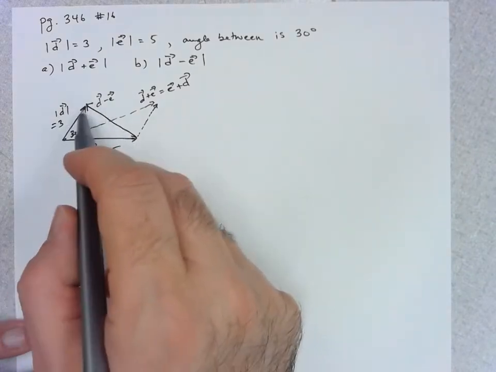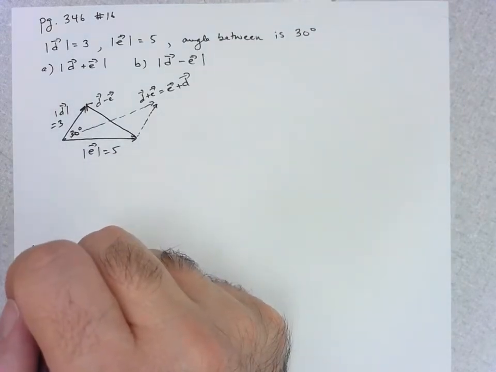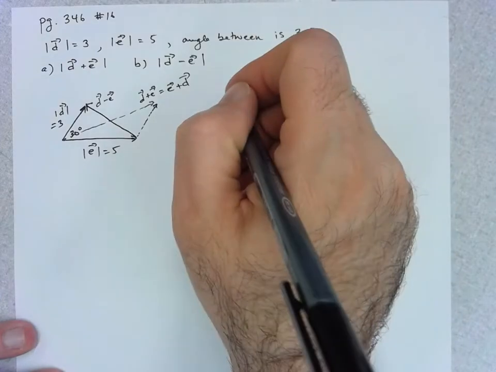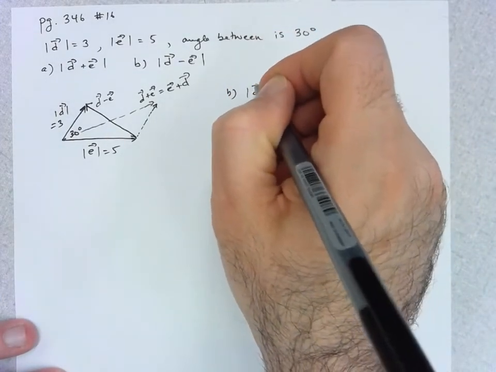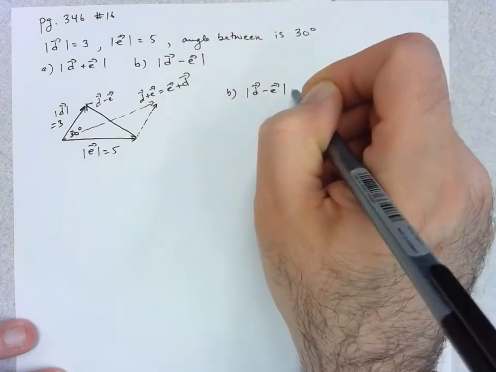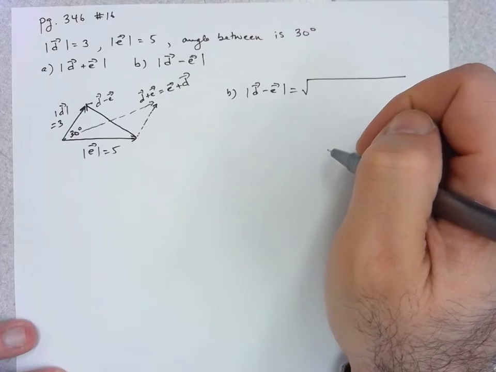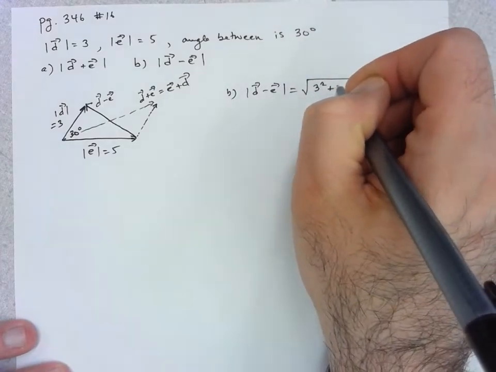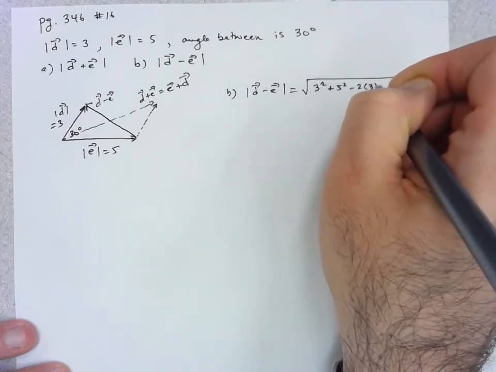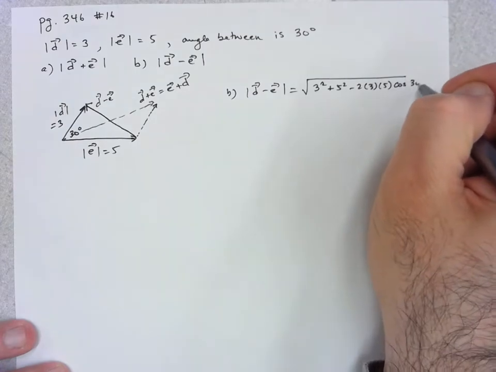I might as well do that because I've already got this triangle with the angle inside of it, and so we'll just use cosine law. I'll actually start with part B, and here we've got the magnitude of D minus E. I'll just apply cosine law, so it's just going to be the square root of 3 squared plus 5 squared minus 2 times 3 times 5 times cosine of the opposite angle, which is 30 degrees.